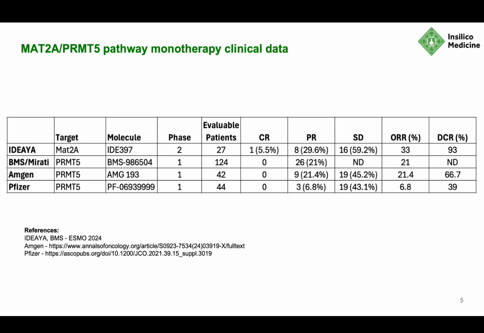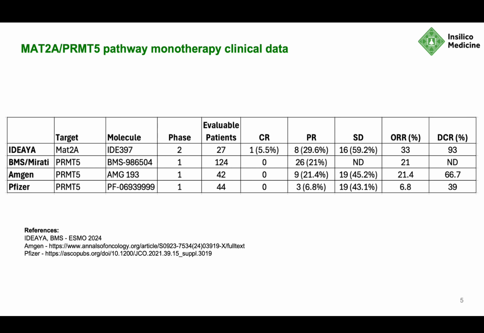Once these pathways were identified, there's been a very active debate on whether MAT2A would be the better target, or whether PRMT5 could potentially be the winner. And what I would say is the data is very early. IDEA has a molecule called IDE 397. They're in phase 2.